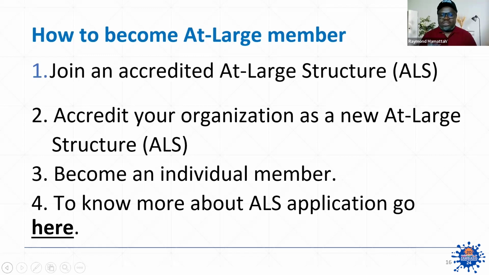Becoming an ALS member comes with benefits because you'll be able to participate in elections and choose the next leaders in the region that you belong to, or you can become an individual member of the At-Large regional grouping that you belong to. If you want to know more about the ALS application, you can click on the link and it will take you to how to apply to become an ALS.